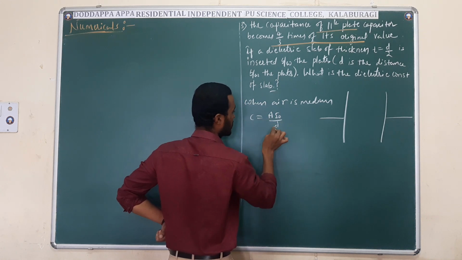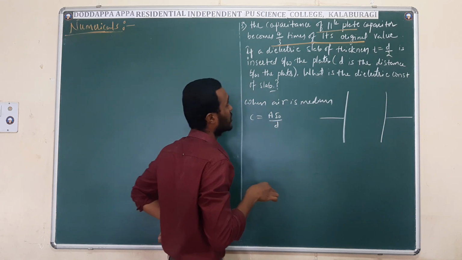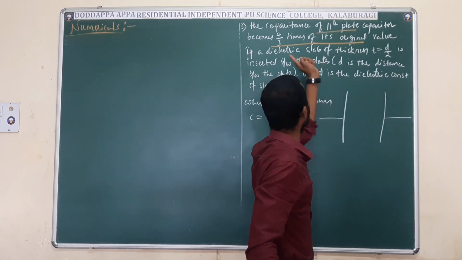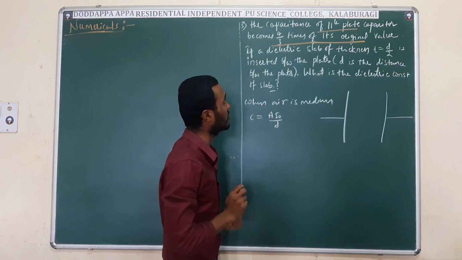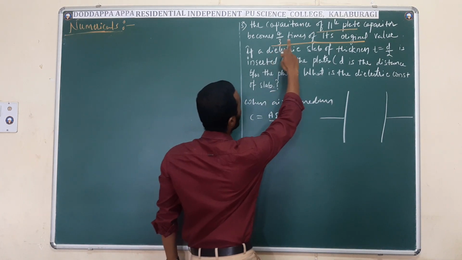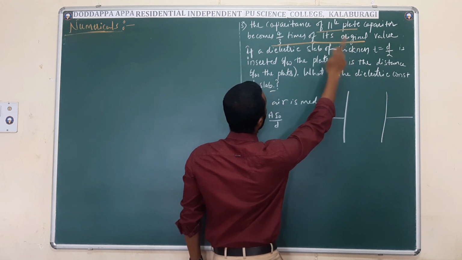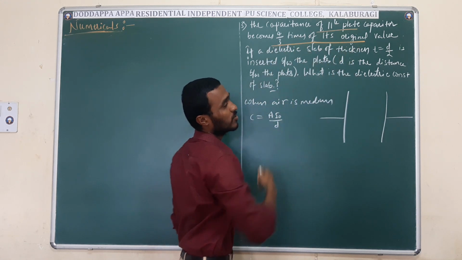This is one thing, because here we are introducing a dielectric slab. So before it, C is equal to A epsilon naught by d, and this is the data he has given: the parallel plate capacitor becomes 4/3 times of its original.